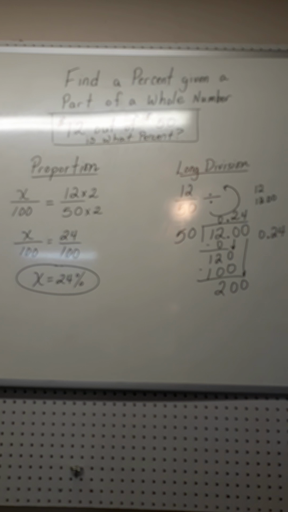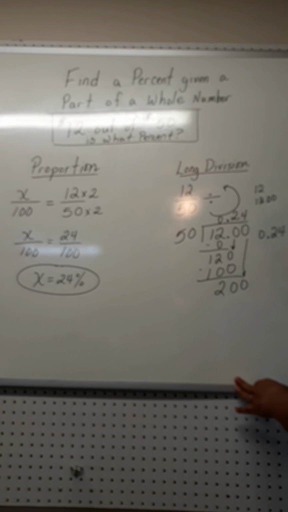Well, we said we want it as a percent, not as a decimal. And we multiply this 24 hundredths by 100, because it's 100%. Now I have 2 trailing zeros, 1, 2, that takes care of this.